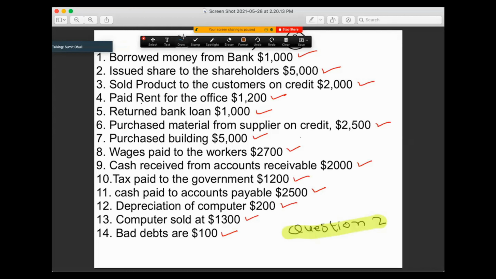You have 14 journal entries, and you have to do it all.